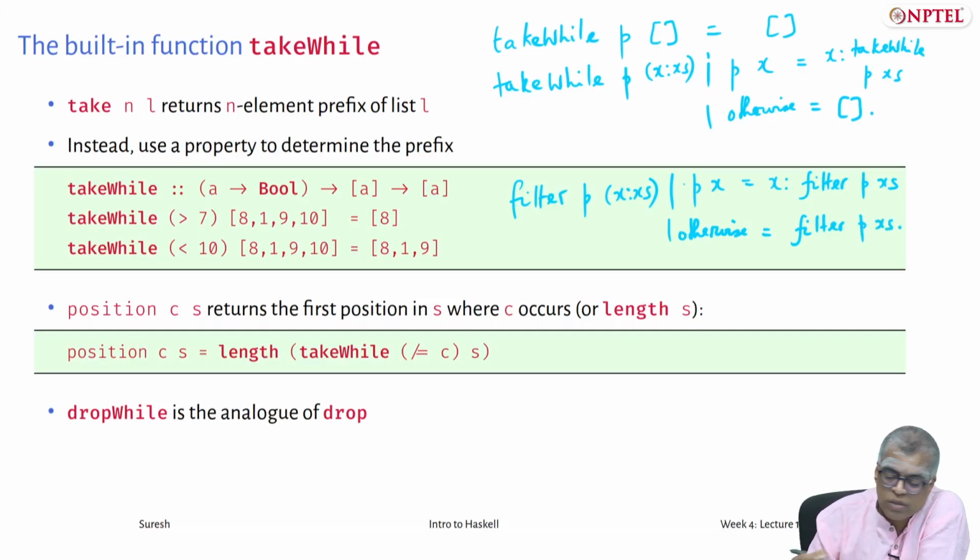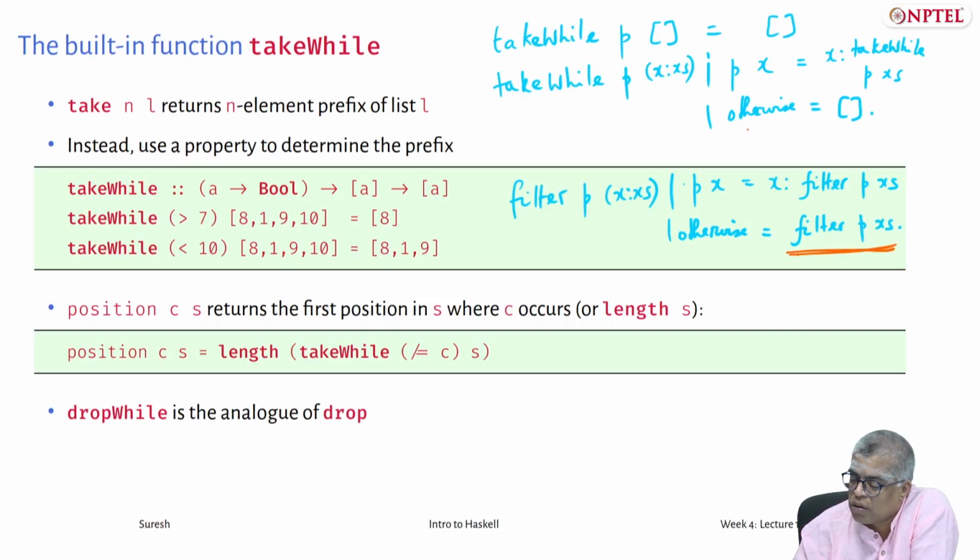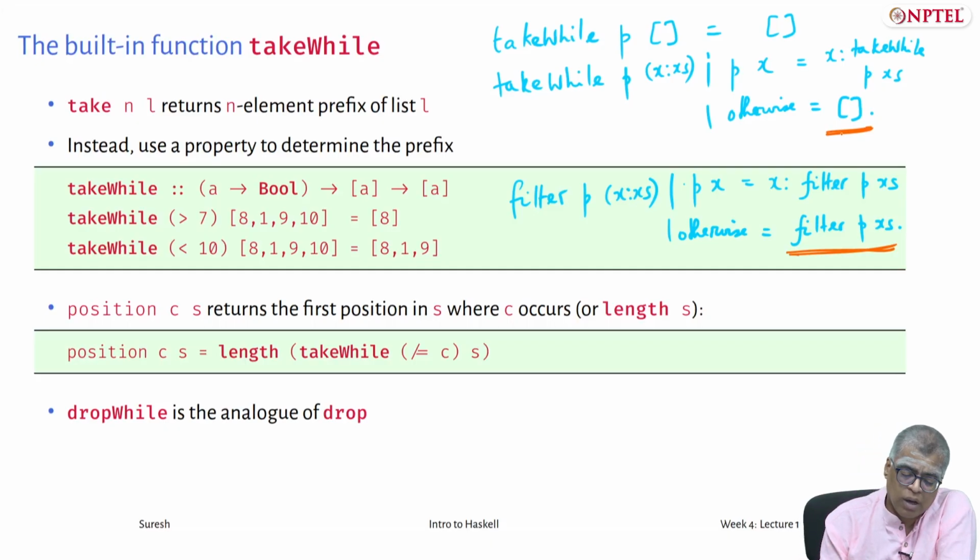This is the big difference. Filter will go through the entire list and pick out all elements that satisfy a predicate. Take while will keep on picking out elements that satisfy the predicate. The moment an element fails to satisfy P, it will stop. Okay. So this is an important distinction to remember.